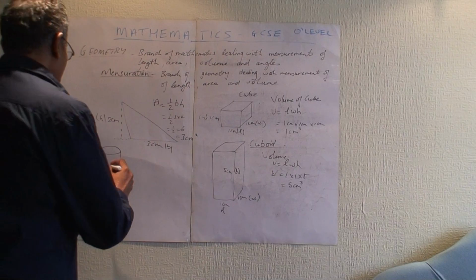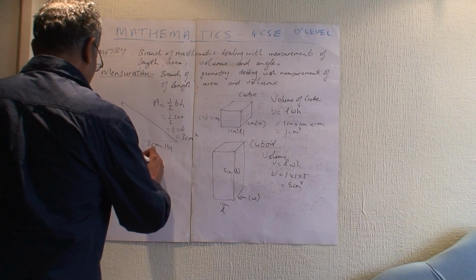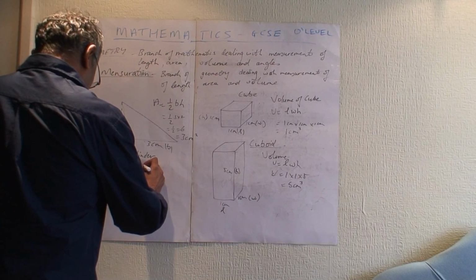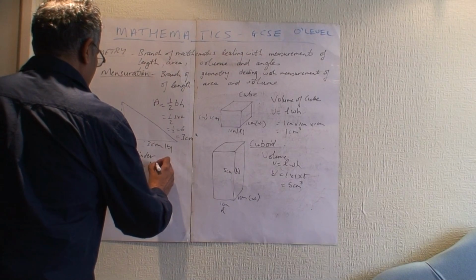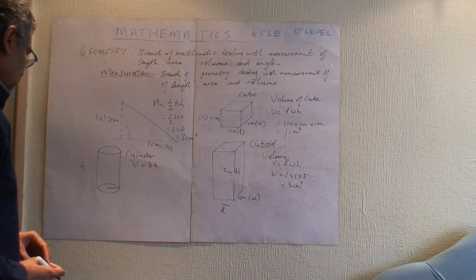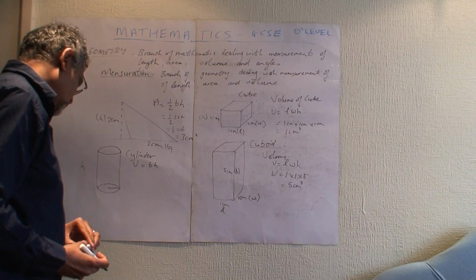So for a cylinder, the volume is equal to base times height.